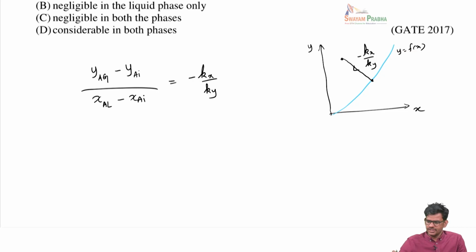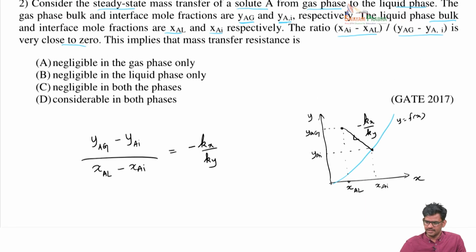This YAG is here, XAL is here, these are the bulk mole fractions, and these are the interfacial concentrations, YAI and XAI. Now, what is given?